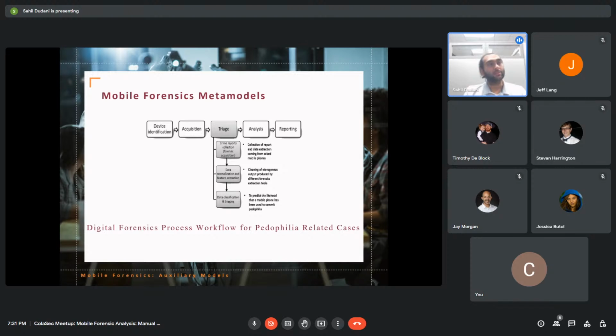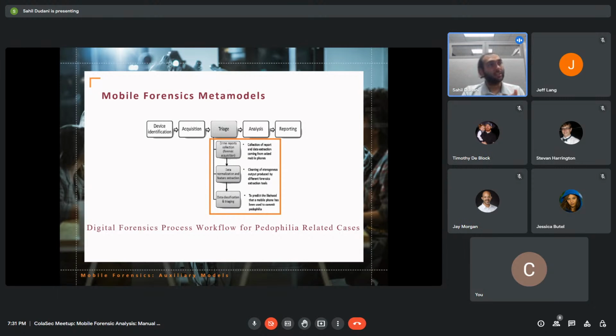Again, similar to child exploitation, but here we are focusing on triage. Triage generally is fast forensics, or it happens before you try to analyze a certain aspect of evidence from a certain device. Triage is basically you're trying to understand what kind of evidence could be present or could not be present on the device, and that's generally fast forensics.